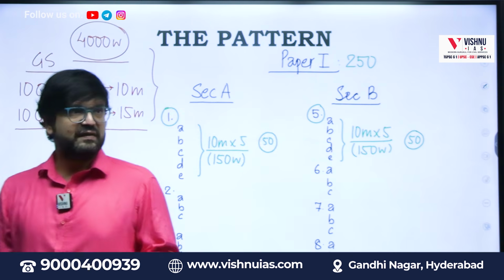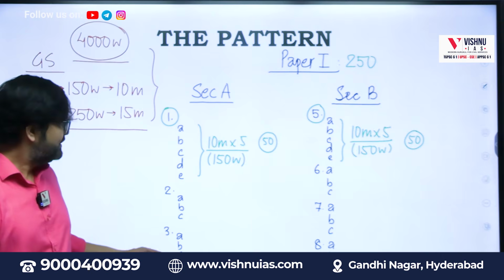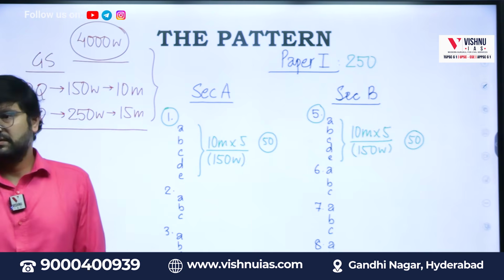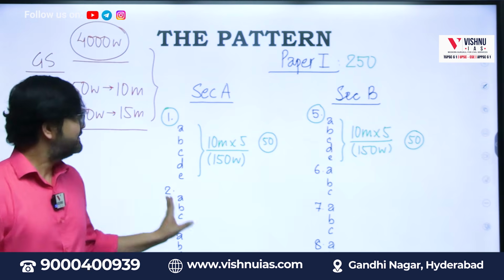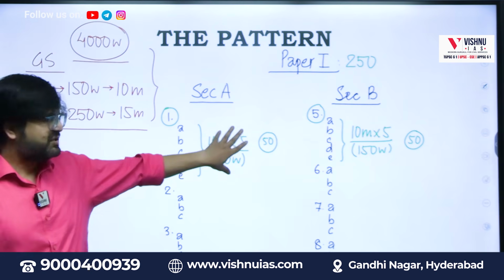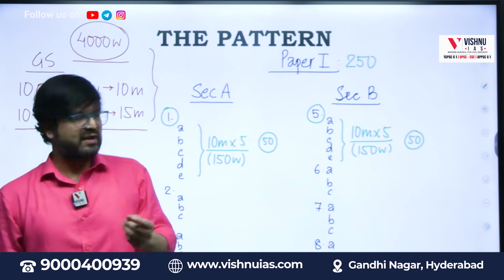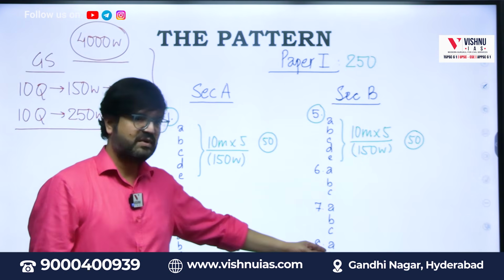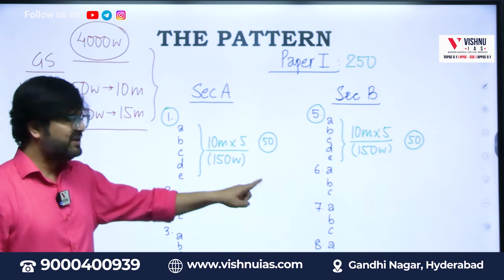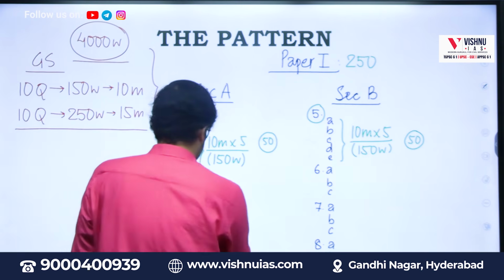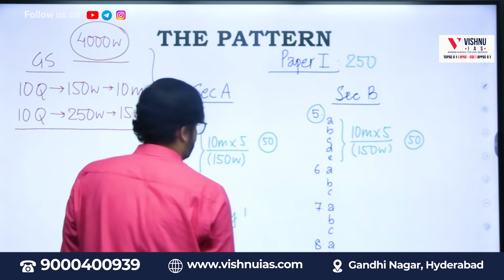Now you have to choose 3 questions from 6 questions, but the condition is that 1 from each section is mandatory. 1 question done, 2nd question done. Now we have to write 3 more questions. Every question is worth 50 marks. So what you have to do is pick and choose 1 from each side.